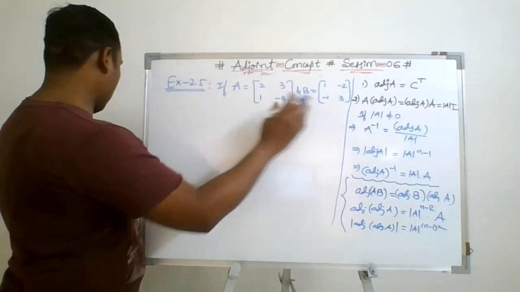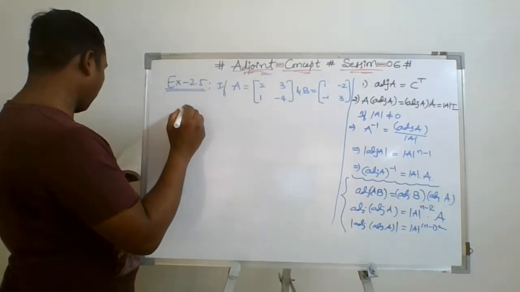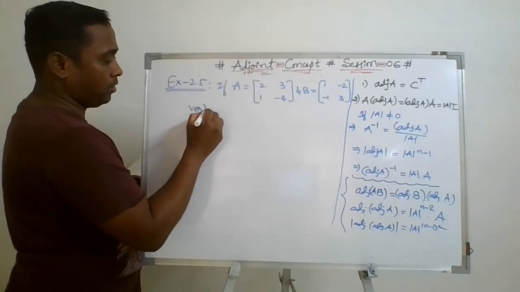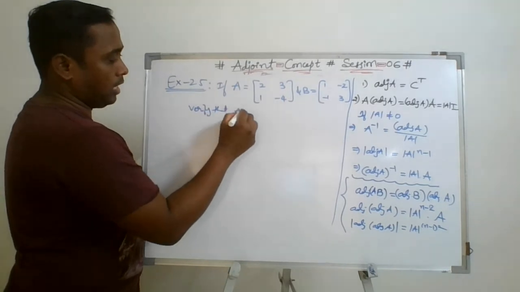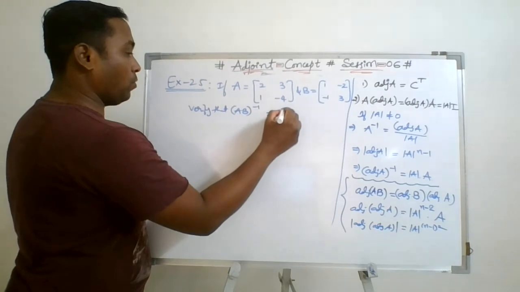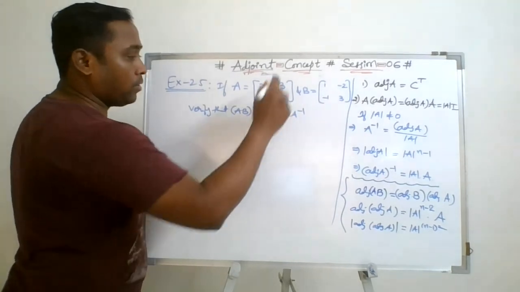A matrix, B matrix. Then verify that (AB) whole inverse is equal to B inverse into A inverse.